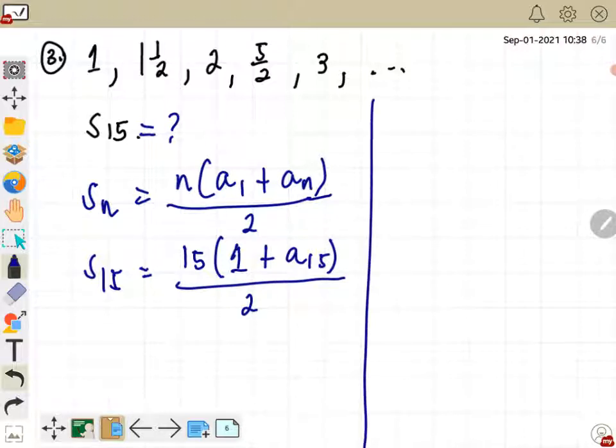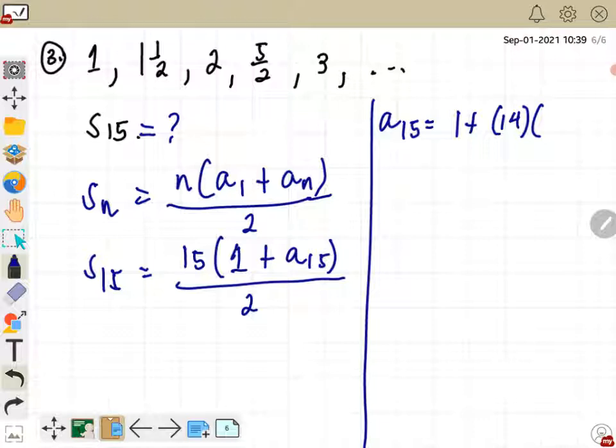So let's find our a sub 15. A sub 1 is 1 plus 14 times d. What is our d?